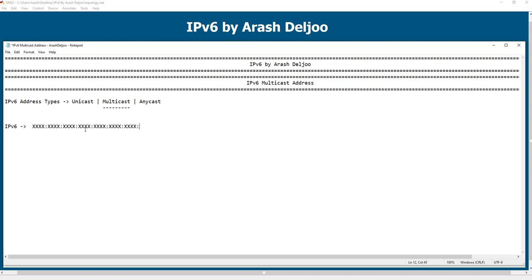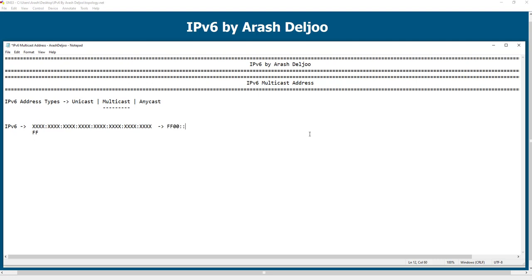Okay, this is an IPv6 address, 8 hextets: first, second, third, and so on. If in the first hextet, in the first and the second character, we have FF, this means that this is an IPv6 multicast address.